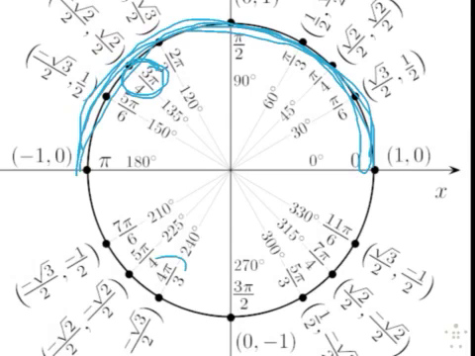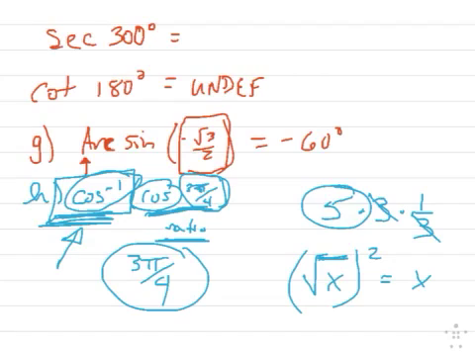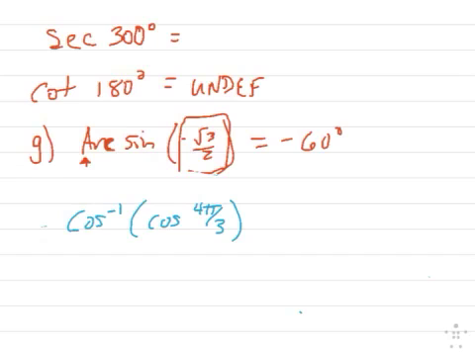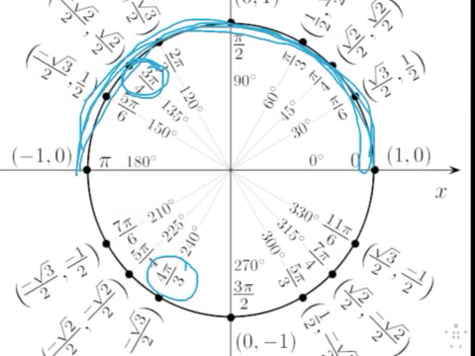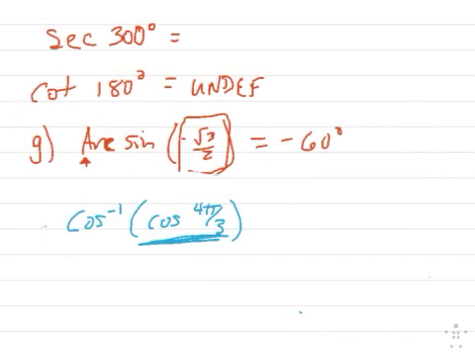Now what if I said 4 pi over 3? Let me change this and make this a much harder question. The cosine of 4 pi over 3 has the value negative 1/2.